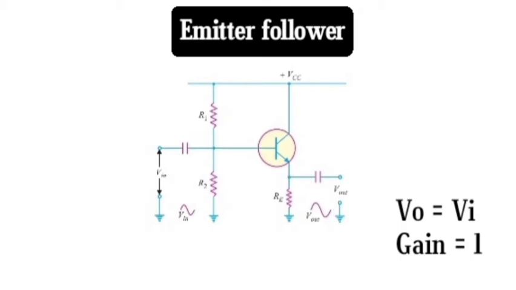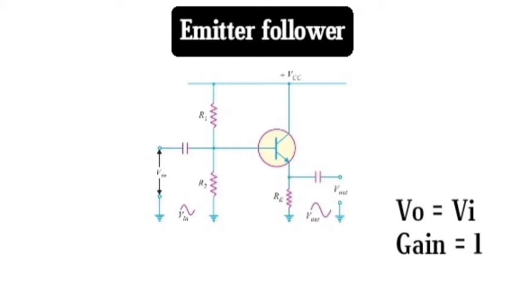The input and output are in the same phase because this is a common collector configuration transistor, and the phase difference is 0. If you see the circuit, the input is applied between base and the ground and the output is taken at the emitter. From the base to emitter, the voltage drop between base and emitter is VBE, and the voltage drop between emitter and ground is VE.